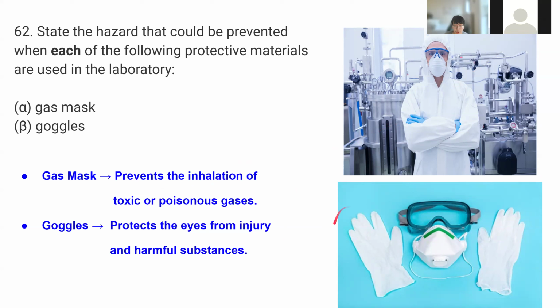And we also don't want the chemicals to enter our body through the skin. So whenever we need to touch something, we also wear gloves. So these are some of the safety materials used in the laboratory.